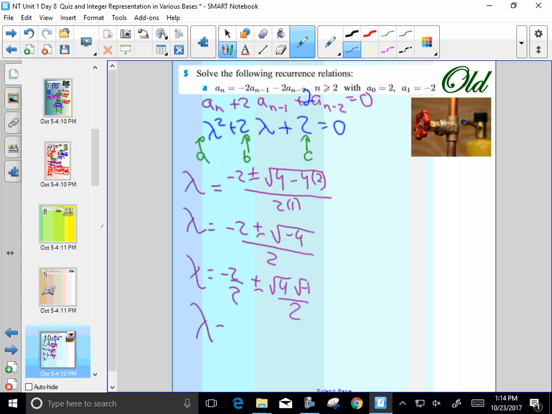Do you see where I get negative 1 plus or minus i? Is that all right?